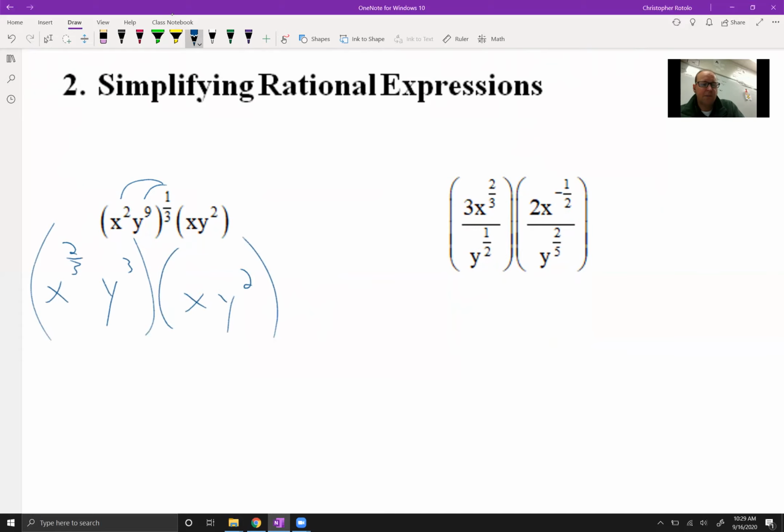So our y cubed and y squared add up to y to the 5th. Then we end up with this. We have to do 2/3 plus 1. Okay, so remember that's 3/3 because we need to put these as rational expressions. So we need to make sure this is a fraction in the end. So I'm not going to use a mixed number. So we're at 5/3 for the x's to put all those together.